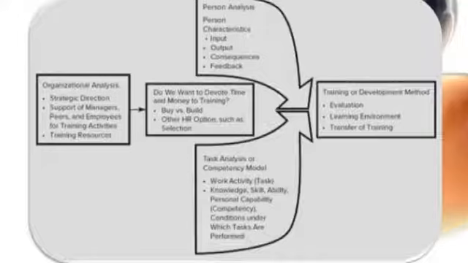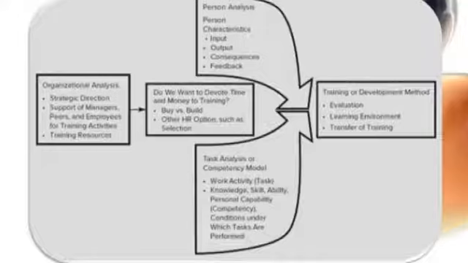Next, after we figure that out, we can do a person analysis. What are these people's characteristics, what are their inputs and outputs? How are they going to deal with training? And maybe a task analysis. Is this work activity or the working conditions under the tasks relevant to the training? All of these things are going to go into our method of training.